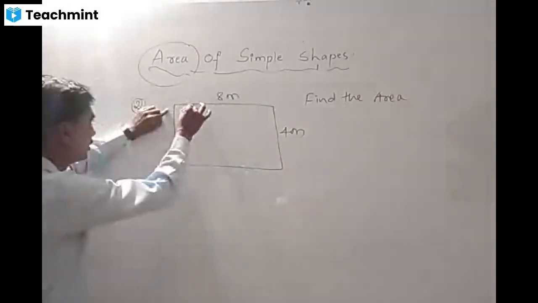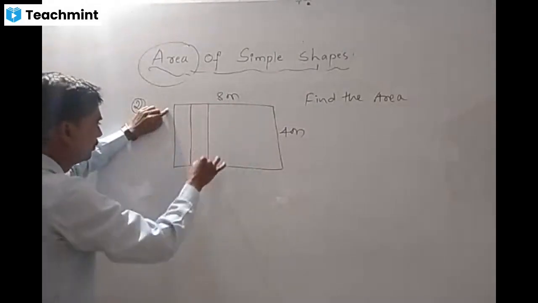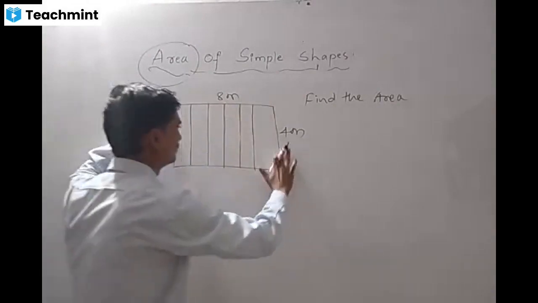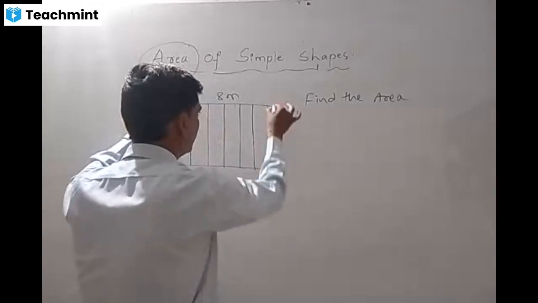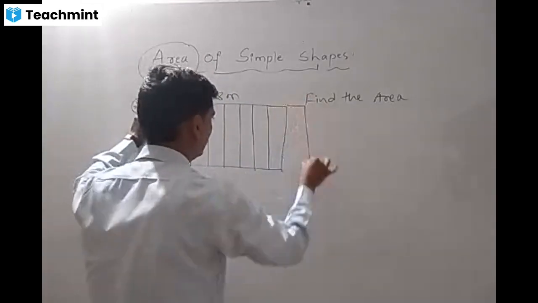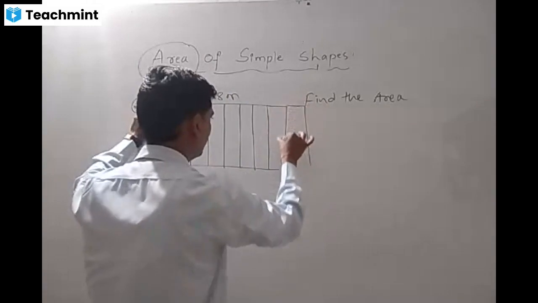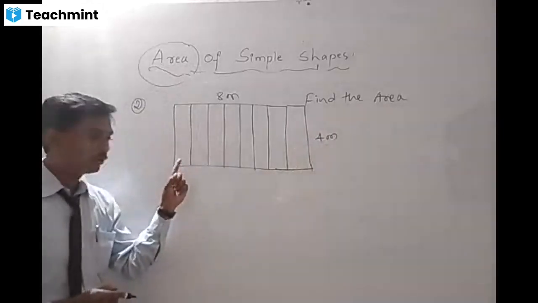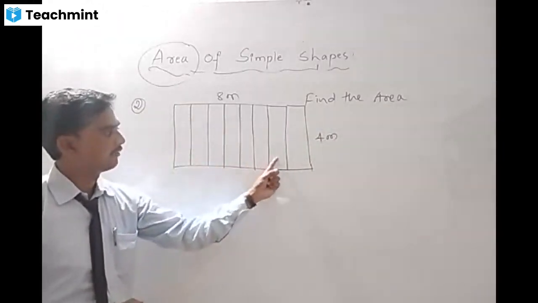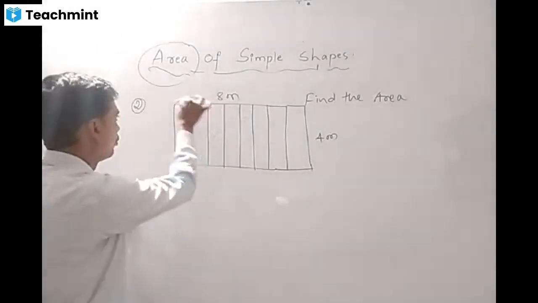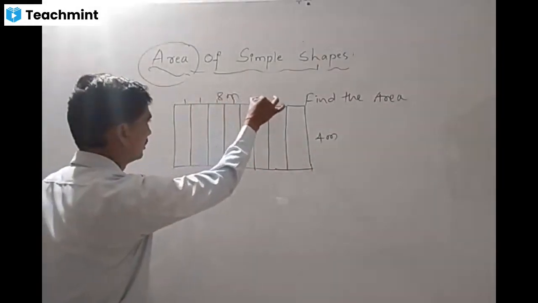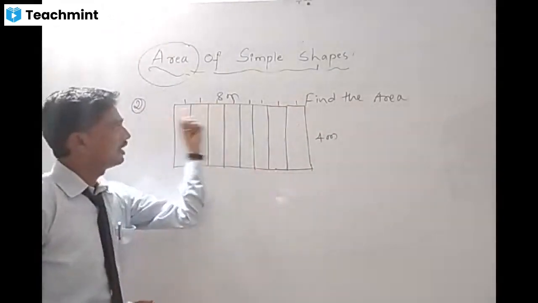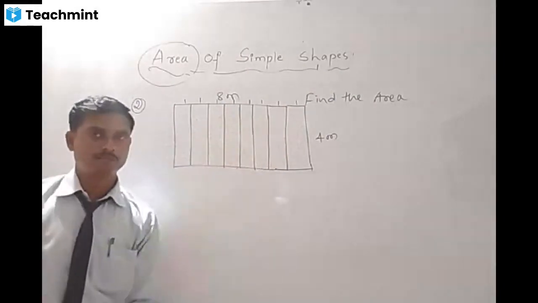Okay, then 1 meter means we should draw here 1, 2, 3, 4, 5, 6, 7, 8. All are 1 meter only. Then total 8 meters is there, and we divided into 8 columns of 1 meter.